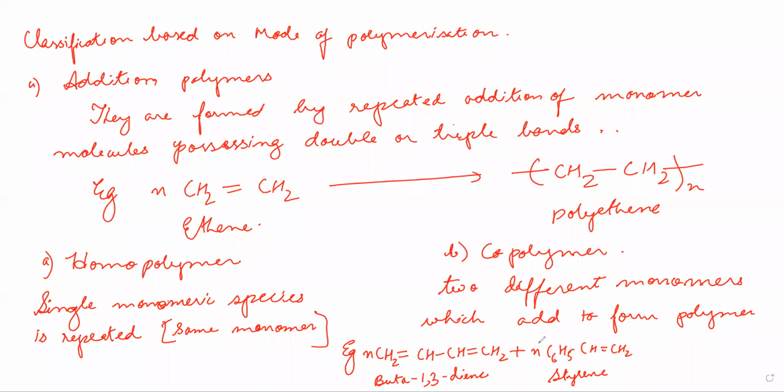Now, when I add these two, I will get a product known as Buna S. See, this becomes single, double, single, double, then single.